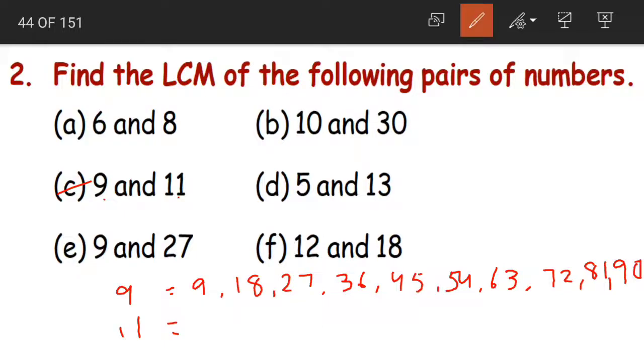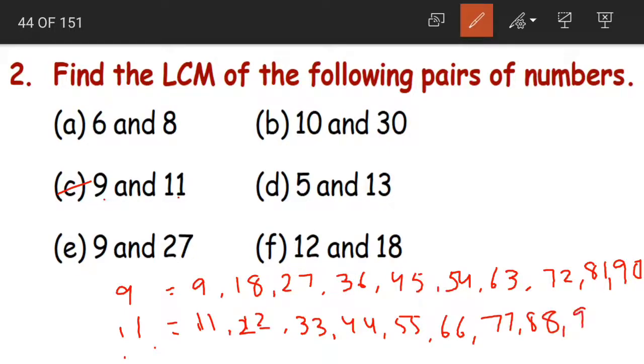And if we take the multiples of 11, we have 11 ones are 11, 11 twos are 22, 11 threes are 33, 11 fours are 44, 11 fives are 55, 11 sixes are 66, 77, 88, 99 and 110.